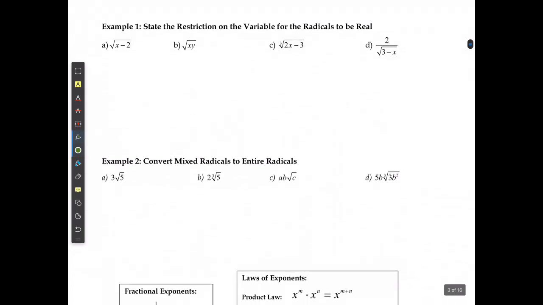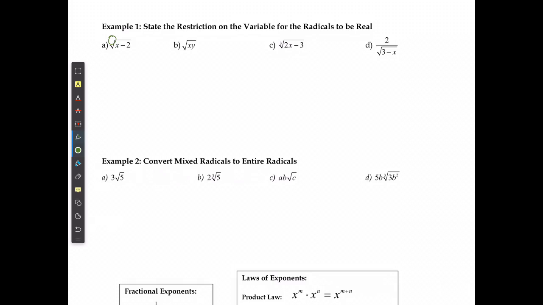Alright, so if we put this into practice, the first thing, we're going to state the restriction on the variable for the radicals to be real. Well, if I'm looking at a square root here, then I know that what's inside the radical has to be positive or equal to 0, otherwise it's not going to work.